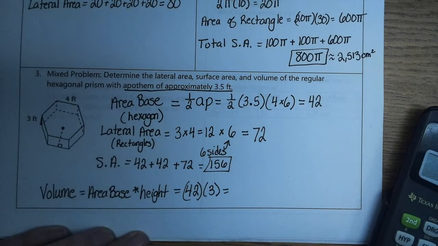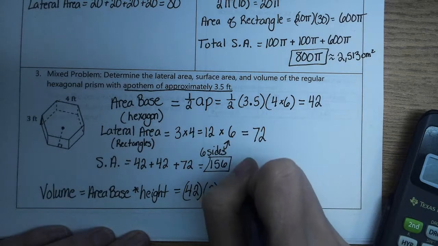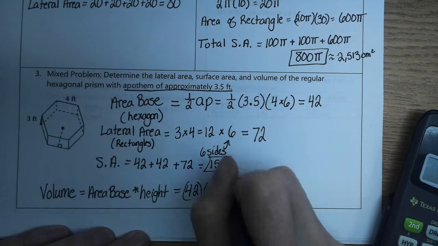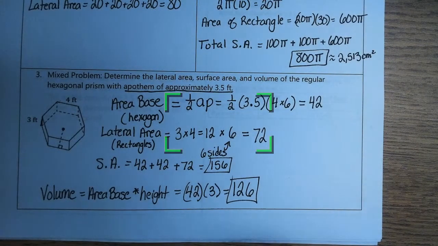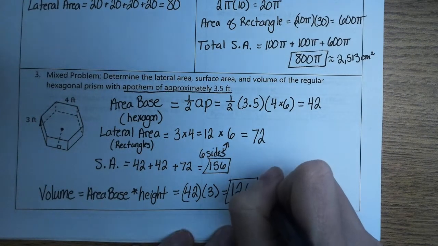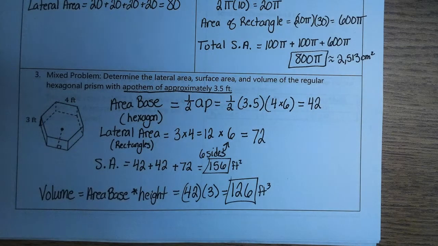So that gives me 126. And the volume is in cubic feet. The area is in square feet. And that is it for day 2. It's it for prisms and for cylinders.